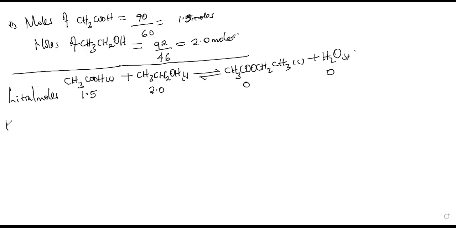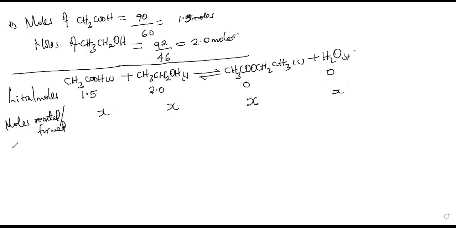Then moles reacted or formed, I'm going to assume that moles of ethyl ethanoate formed is X. Since the mole ratio is 1 to 1 to 1, everything is going to be X. However, we are going to see some other different examples where we have to be too careful. Even here you have to be careful, but this is very direct.